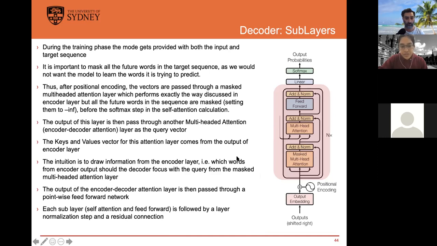Again, the intuition is to draw information from the encoder output, that is, which word from the encoder output the decoder should focus on, with a query from the masked multi-headed attention layer. Then the rest is exactly similar to what we did in the encoder layer. The output is then passed through a feed-forward neural network, and we need to keep in mind that, like we discussed in the encoder, every sublayer is followed by a layer normalization and residual connection.